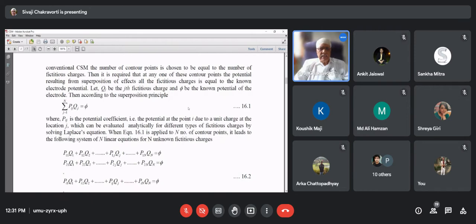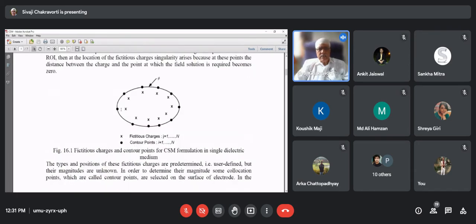For that, this is the equation we write. So what is Pij in equation 16.1? In this equation, you can see that charge points are marked by subscript J. J varies from 1 to n if there are n number of charges. Contour points are defined by subscript I. I also varies from 1 to n because for every charge there is one point.